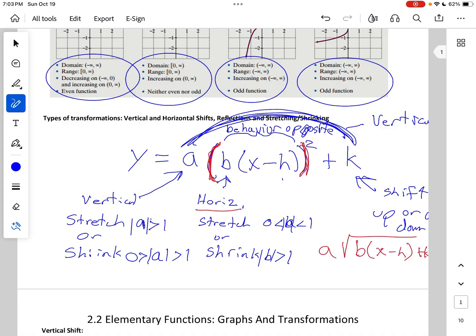And then the h would be a horizontal shift, left or right. However, behavior is opposite. So if I have a minus here in front, then it's going to be to the right, and if I have a plus, it's going to be to the left. So this one is going to be left or right. Okay, so that is our information with our transformations.